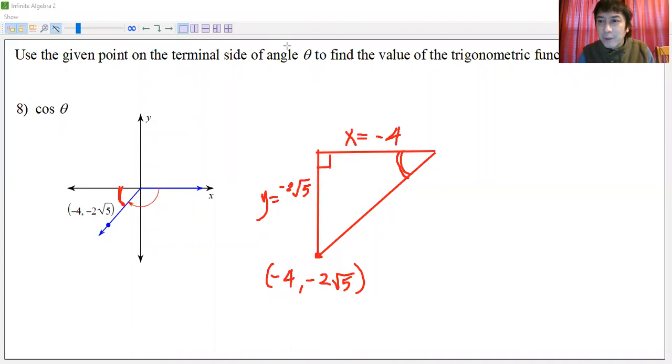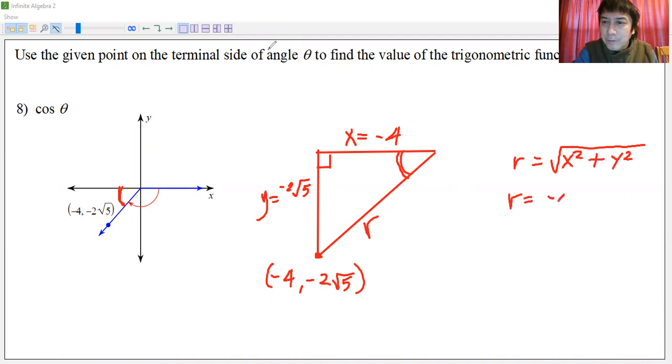Now, the required function is cosine, so we will have to find our hypotenuse r. We will make use of the formula a while ago: r is equal to square root of x squared plus y squared. Now we shall use our x and y here. So r is equal to the square root of -4 squared plus -2 square root of 5 squared.